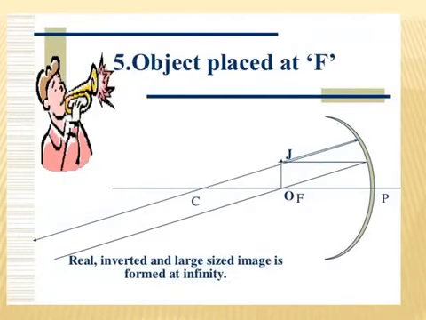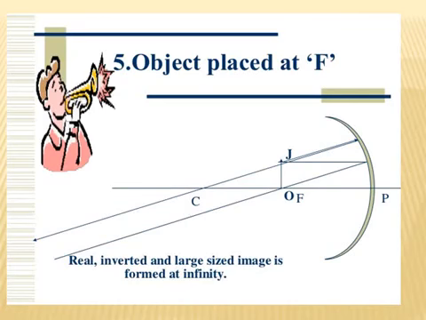This slide shows you the object which is placed at F. So at F itself the object is placed. Above F you draw just a line perpendicular to the principal axis and that will be the object. So you have to draw the ray diagram.